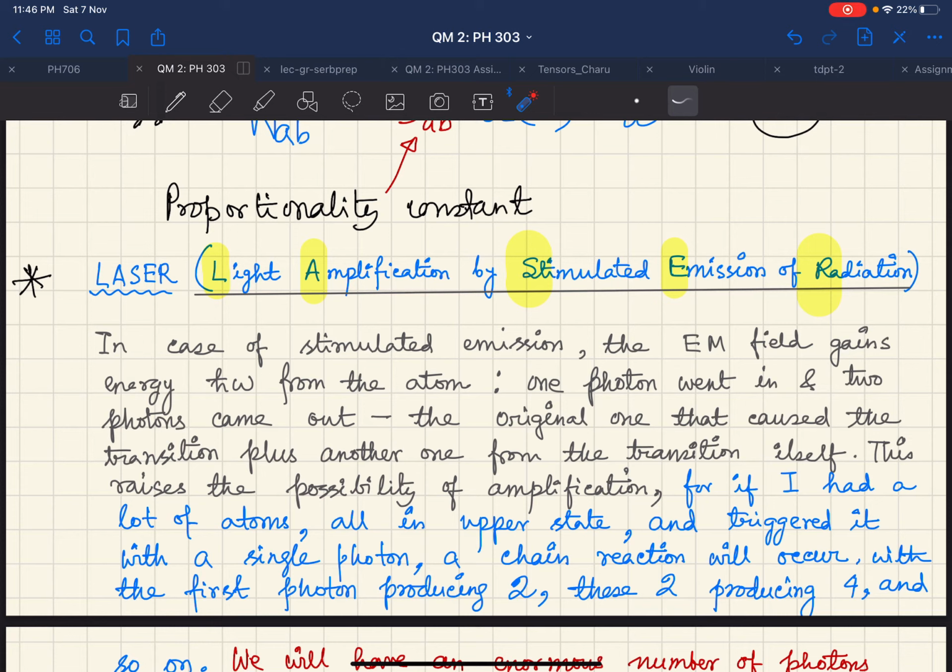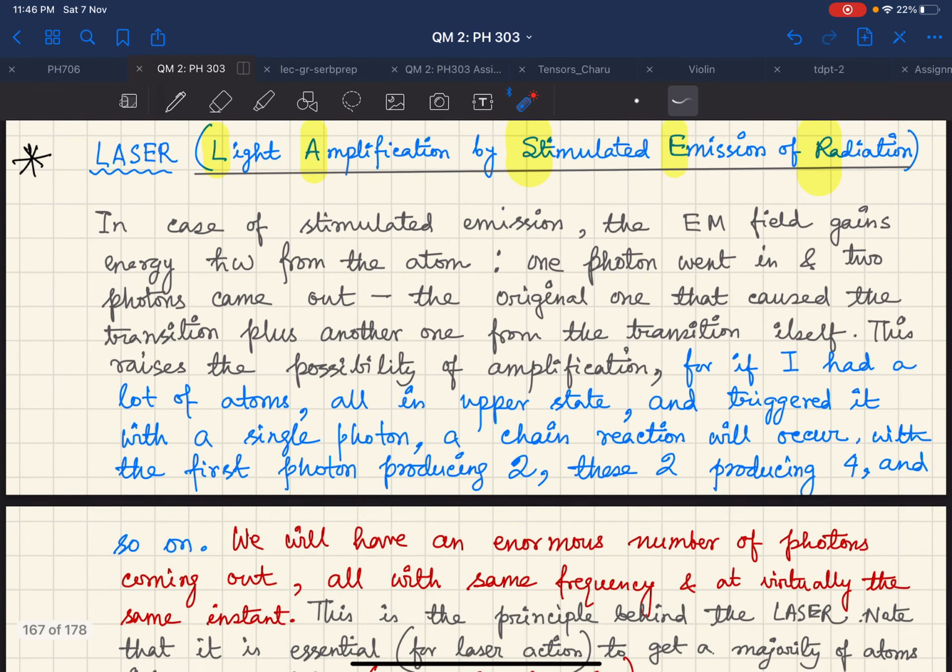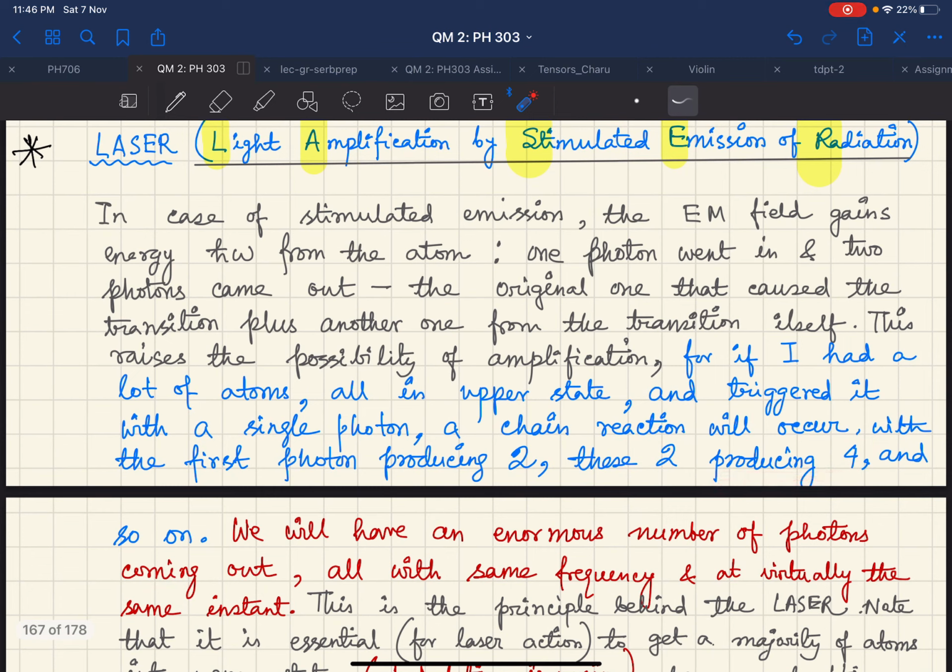Then I expect a chain reaction to occur. The first photon will produce two more photons. These two will produce four more photons, and so on. Therefore, we will have an enormous number of photons coming out.